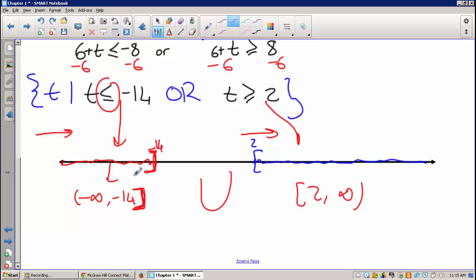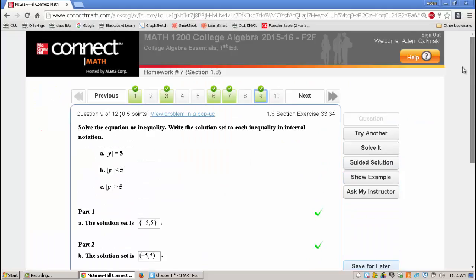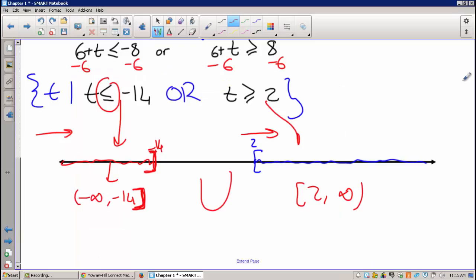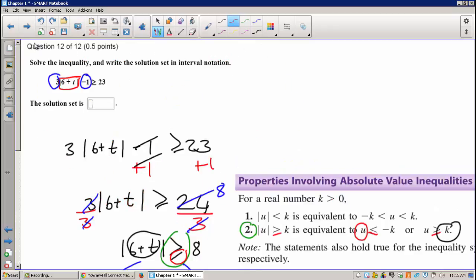Alright, let's substitute. Wait a minute. Haven't we entered our solution yet? Oh, this is a single part. Okay, 12.